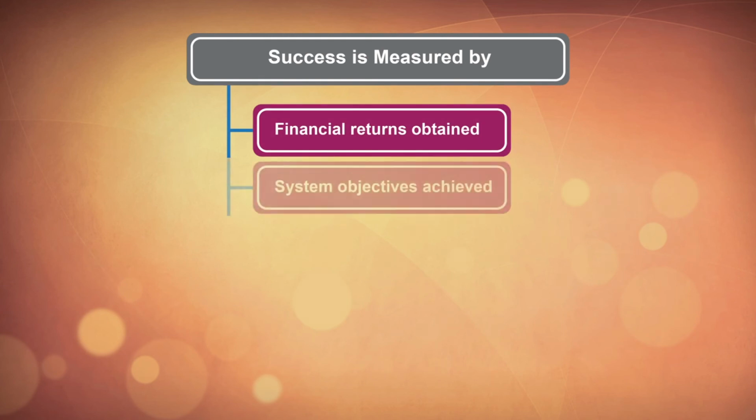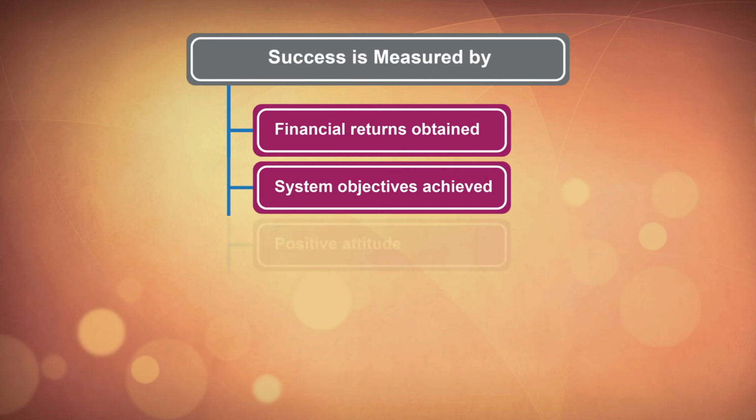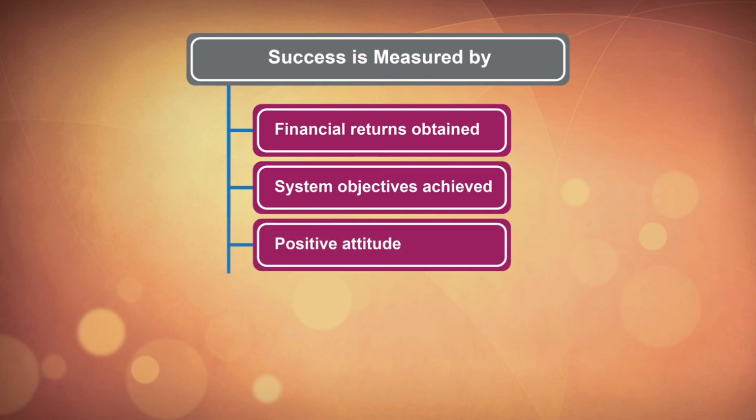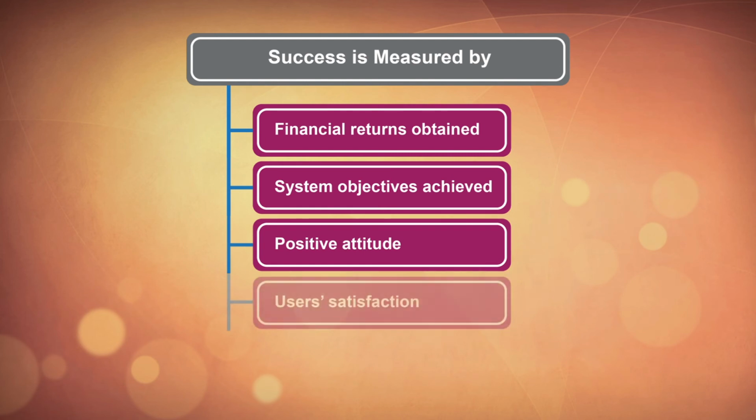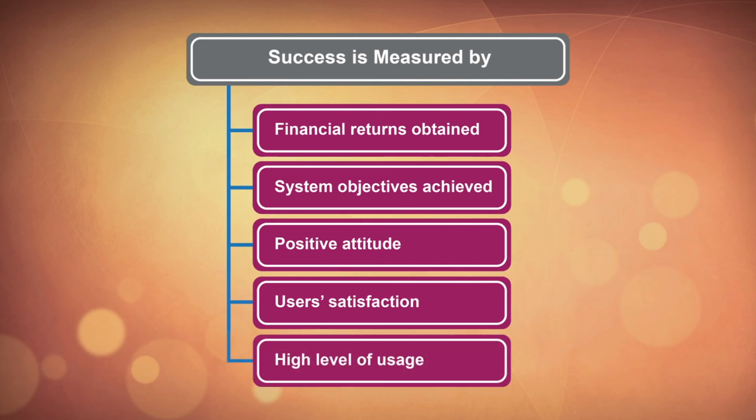Second, system objectives that have been achieved. Third, positive attitude towards the system. Fourth, user satisfaction with the system, and that includes ordinary users as well as the management. And finally, high-level usage, by the number of transactions done over the system.